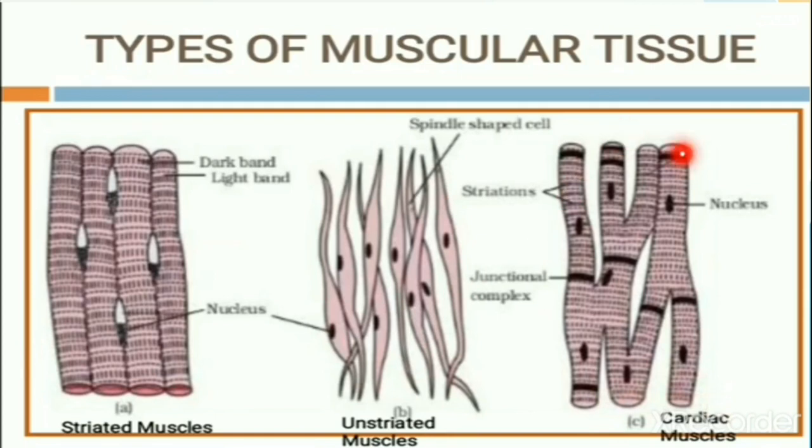Okay, now the third type, which is present in the heart muscle, we have already discussed. Its main work is that when it contracts and relaxes, our heart pumps blood. So these kinds of muscles are a type of involuntary muscles.